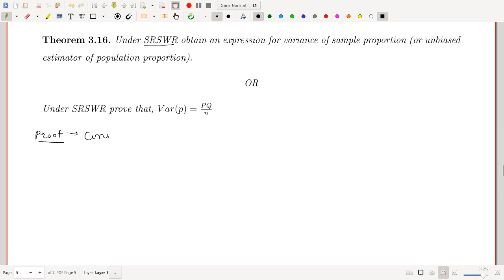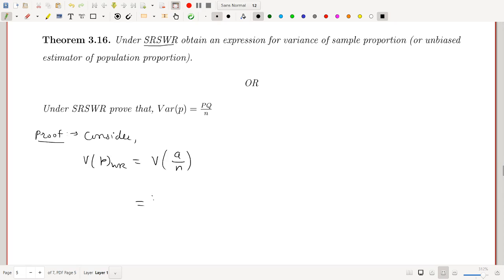Consider the variance of small p under WR. Now small p is a by n, so this is the variance of a by n.